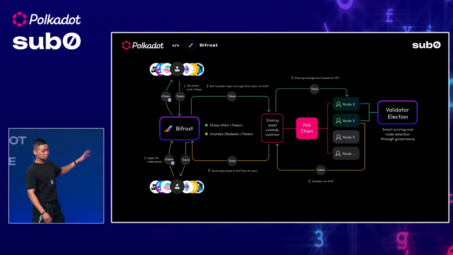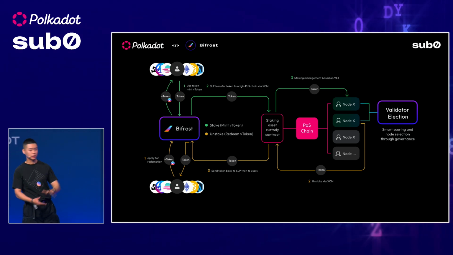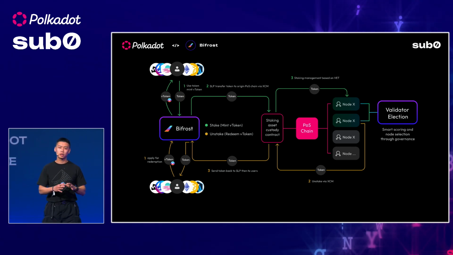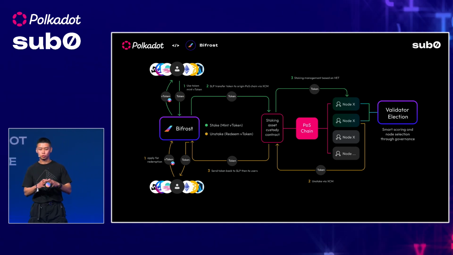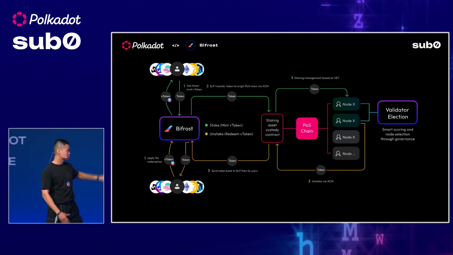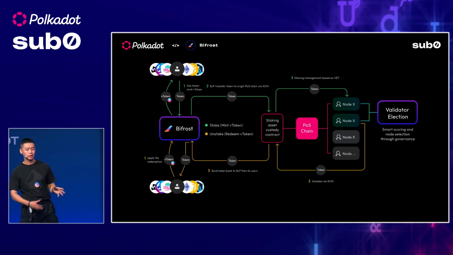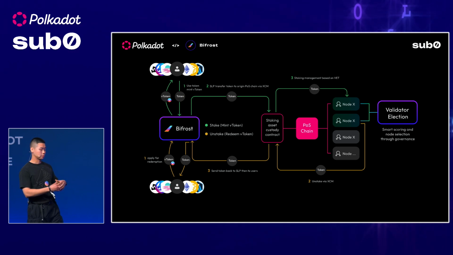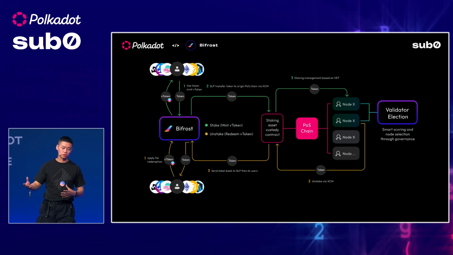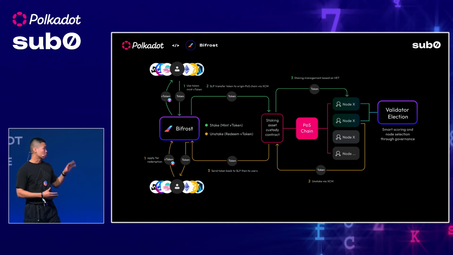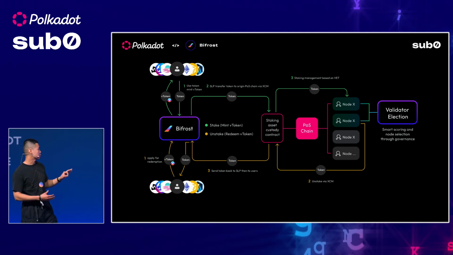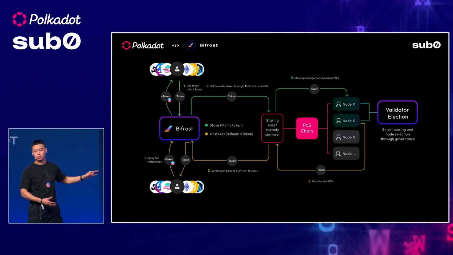This graph might be a little bit too complicated, but I can explain simply how Bifrost works as a liquid staking service. This is the Bifrost Polkadot parachain. All of the tokens received from an external blockchain or from other parachains are authorized and produce a representation token. We name it the V token on the Bifrost chain.